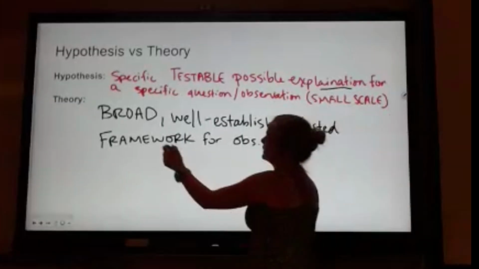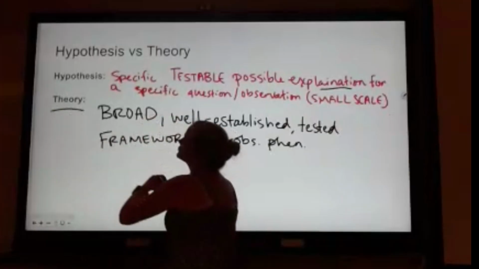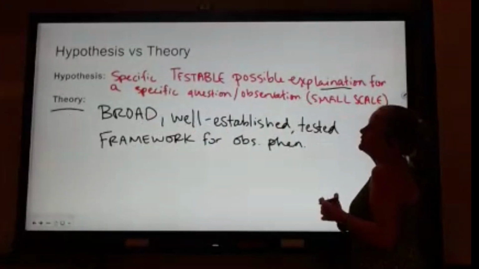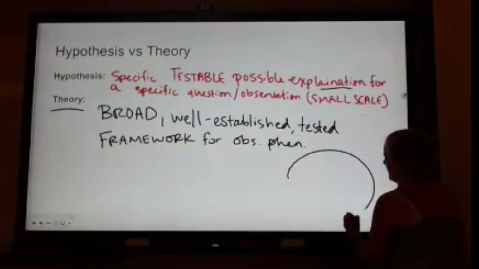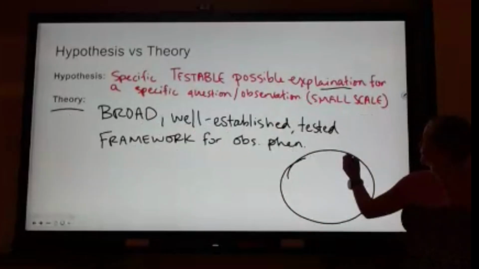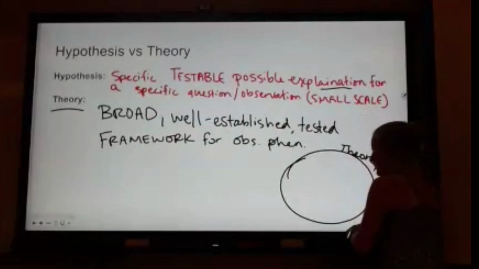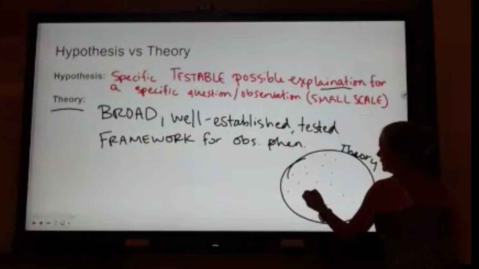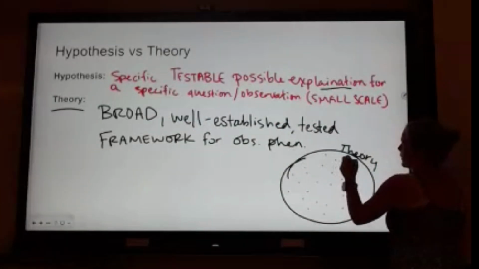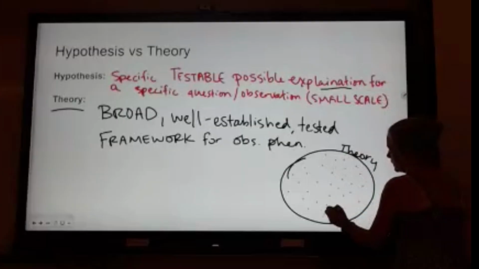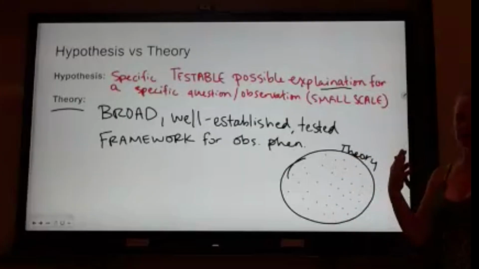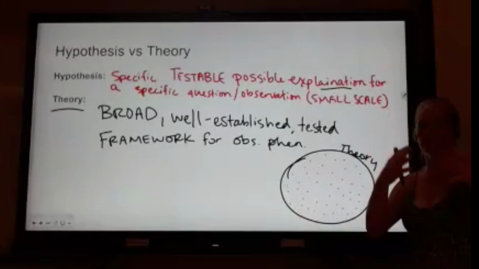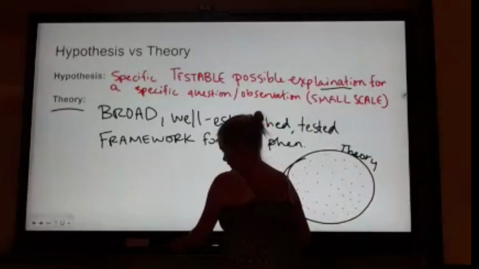In order to have a theory, we need to have hundreds or thousands or more hypotheses. So here's our broad theory with a bunch of smaller hypotheses with the data that support the hypotheses. And all of these smaller hypotheses work together to provide evidence for this overarching theory for whatever the phenomenon is that we're trying to understand.